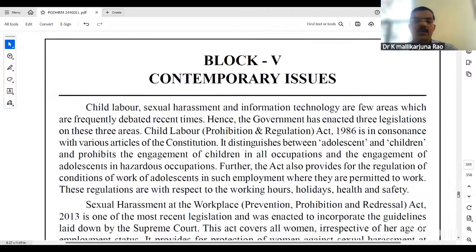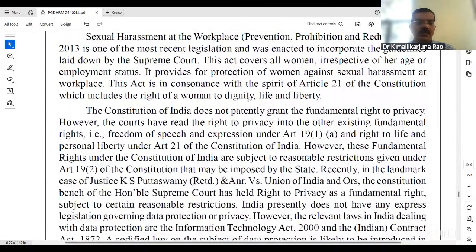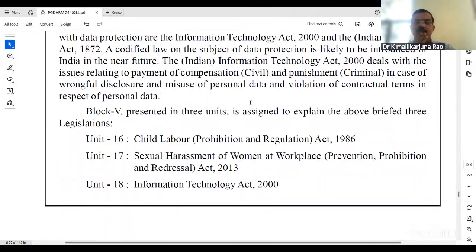Then we have the last block in our syllabus, labor laws. Under this, we have the Child Labour Prohibition and Regulation Act 1986, which is under block number 4, unit number 16.